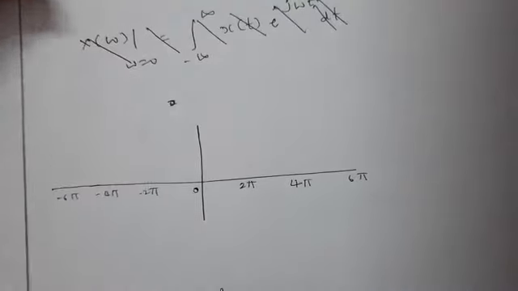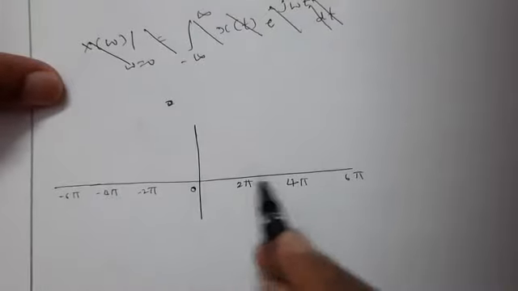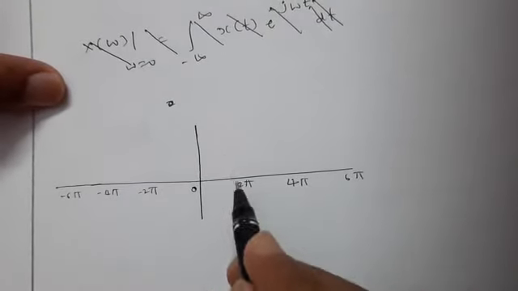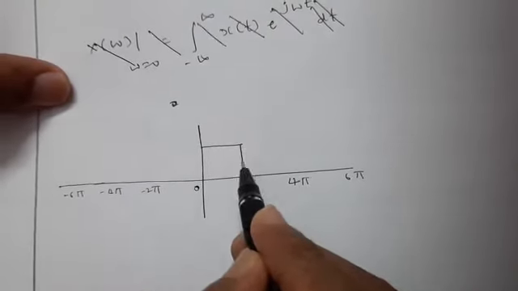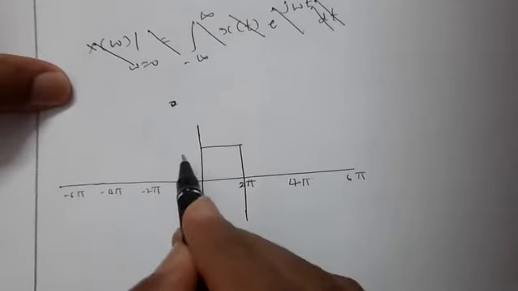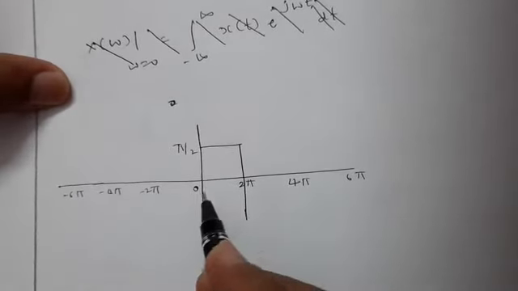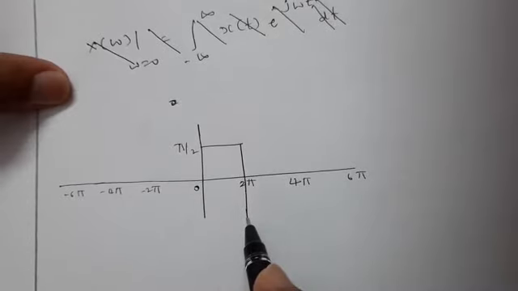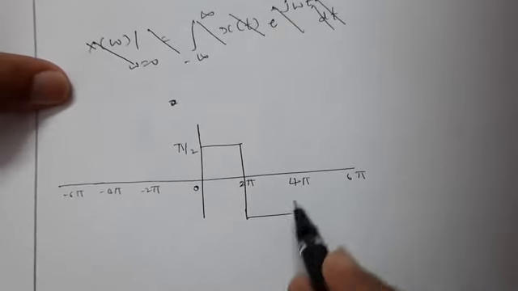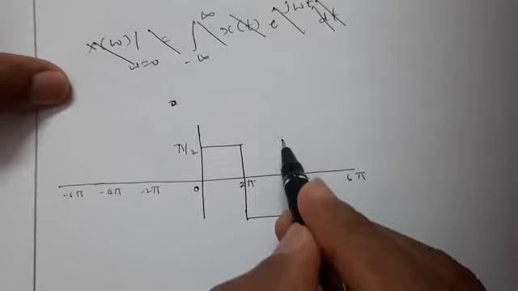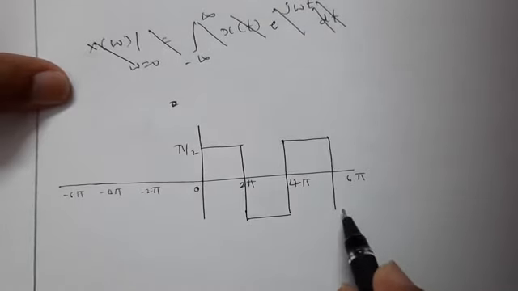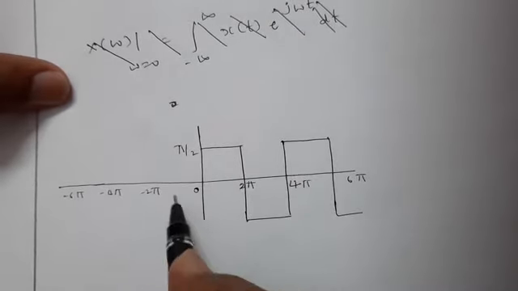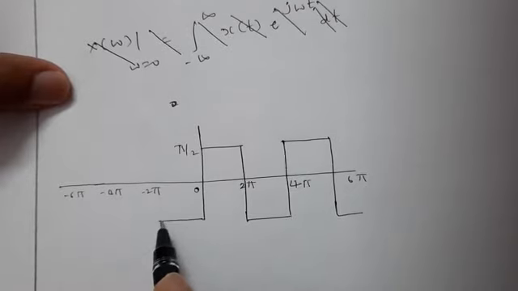As told, for omega by 2 greater than 0, it is pi by 2, and similarly for this, it is minus pi by 2.